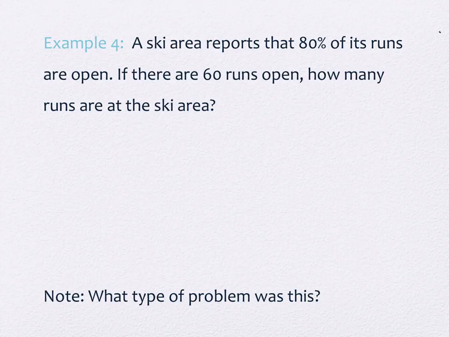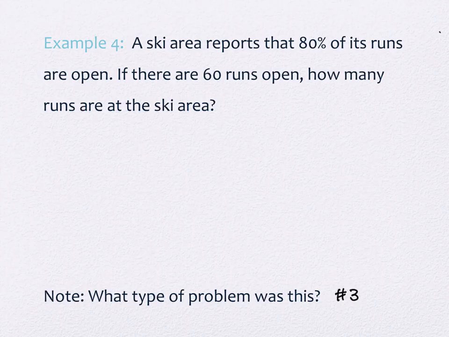So is it 2 or is it 3? Somebody said it. It's 3. Yeah, this one's type number 3, because we don't know how many the 100% is. That's exactly what we don't know. How many runs do they actually have on this ski resort?